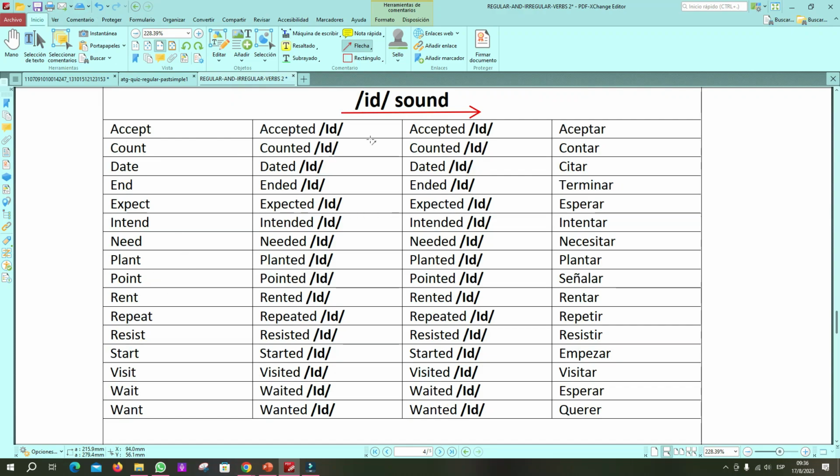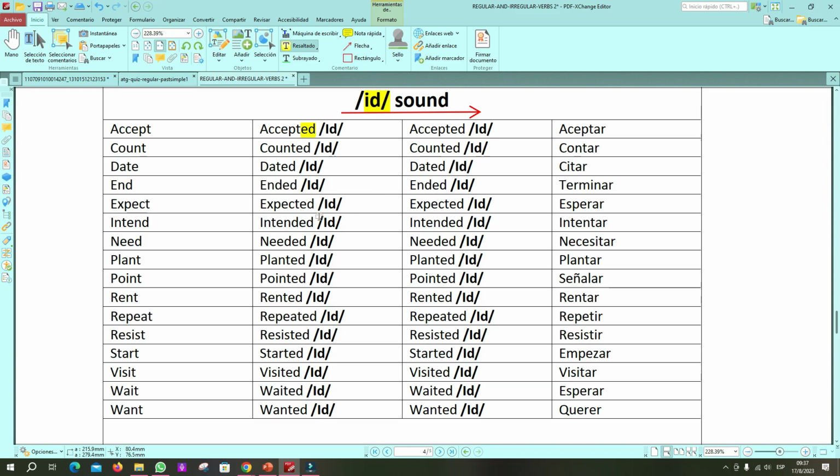For example, these ones. Mr. Ruben, can you pronounce these ones? ED, right? Entonces, accepted, counted, dated, ended. Continue.